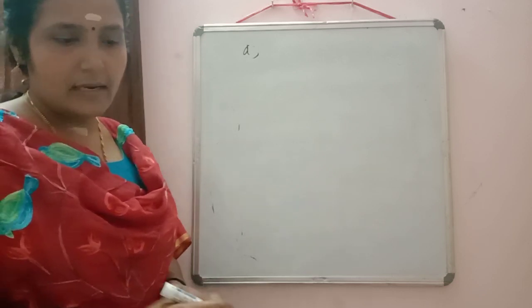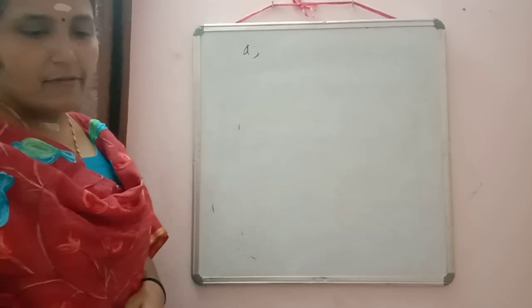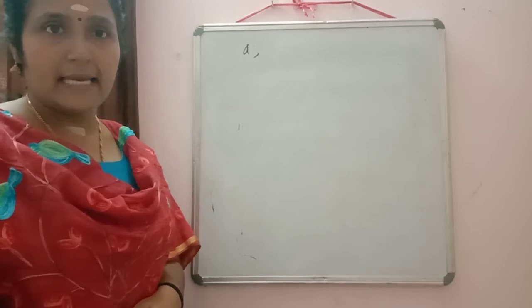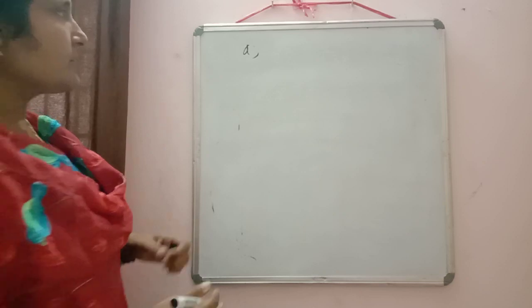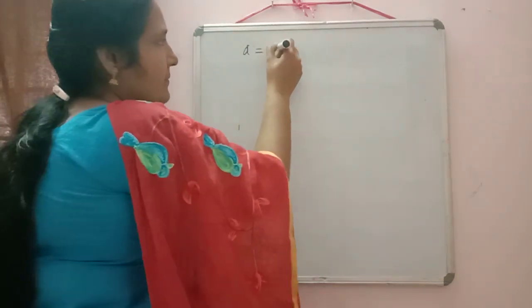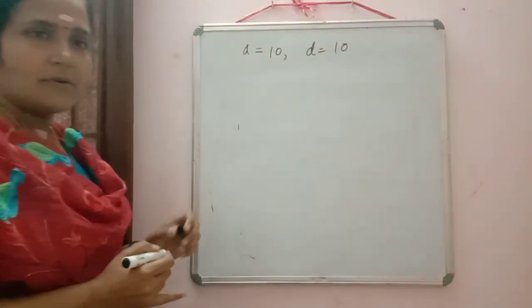So the first question given here is A is equal to 10 and D is also given equal to 10.